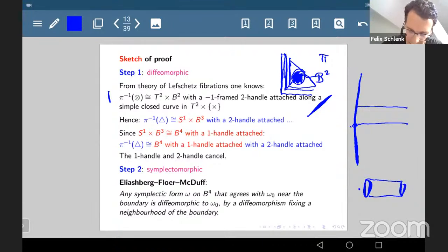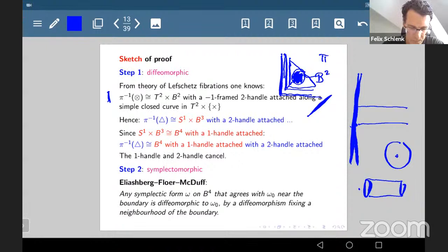So now, since I add all this line here, this T2 cross B2 becomes an S1 cross B3. Think here of S1 cross interval. One S1 becomes an interval if you add here this cylinder, because you compactify. It's like the transition from punctured disk to disk, right? Okay.